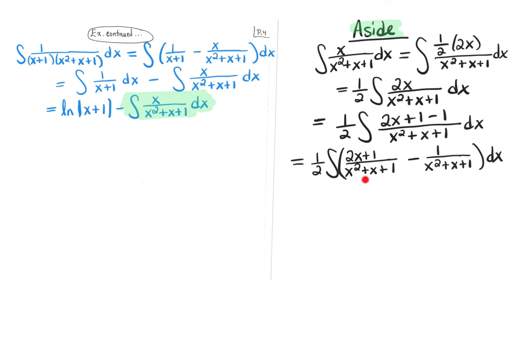And we can do a u substitution here. So this is going to be 1/2 times the integral of this part, with u equal to x squared plus x plus 1, and du is 2x plus 1. So we get the natural log of the absolute value of x squared plus x plus 1 as its antiderivative, minus the integral of 1 over x squared plus x plus 1 dx.